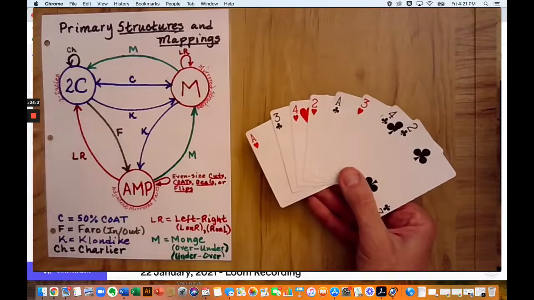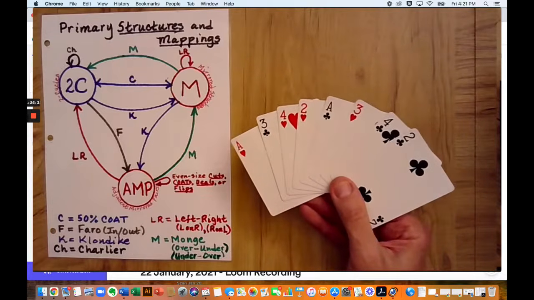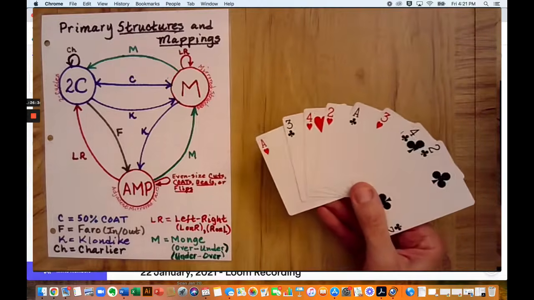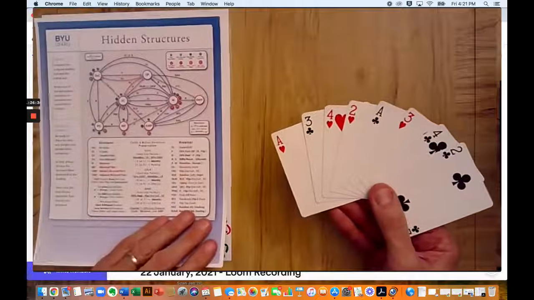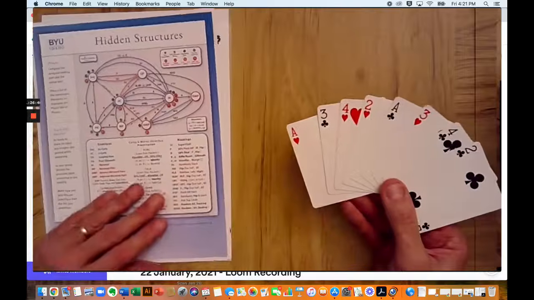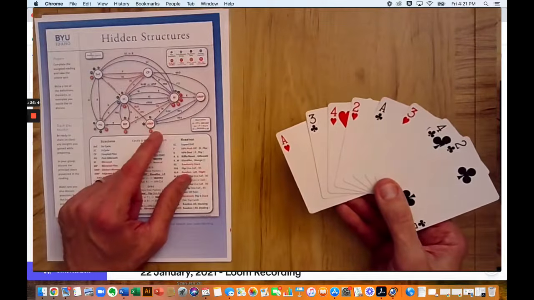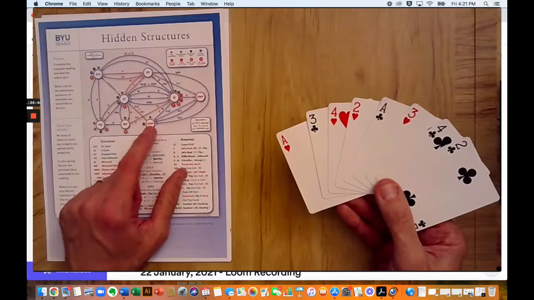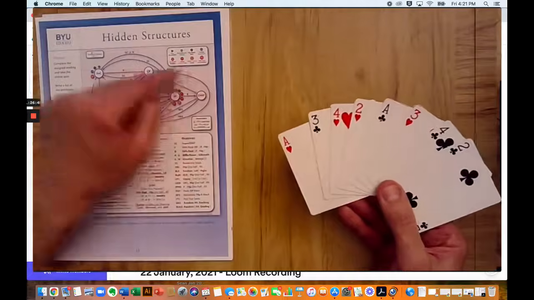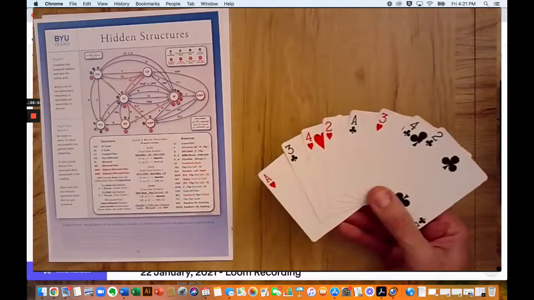So how do we go from a 2-cycle to an AMP? Now, on my larger structure, I actually don't list the faro shuffle, but it's actually there. It's there in 2 steps. So you can get to it by way of, let's see, I think you go from here to there and then from there to there. So if you look at what the faro shuffle is doing, it consists of 2 steps.